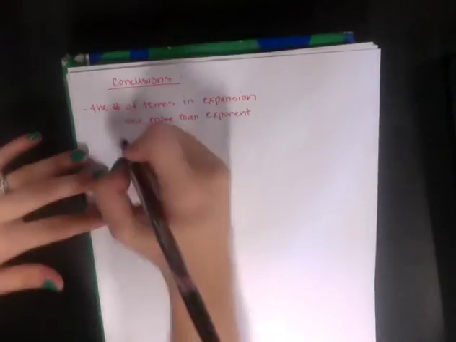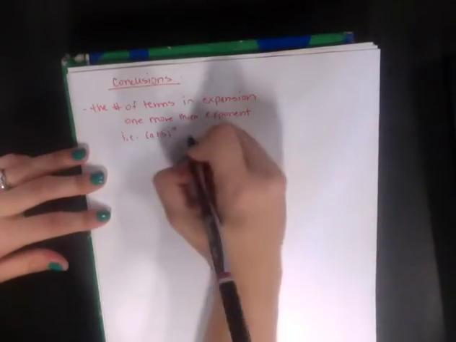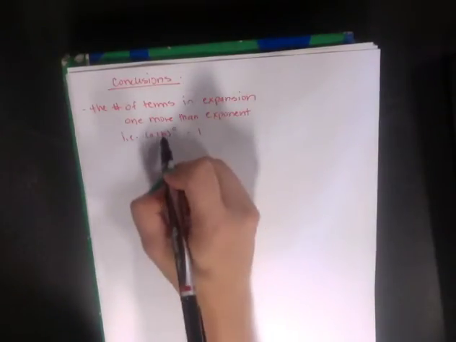So when we had a plus b to the 0, that's 1. I have one term, and my one term is 1 more than 0.